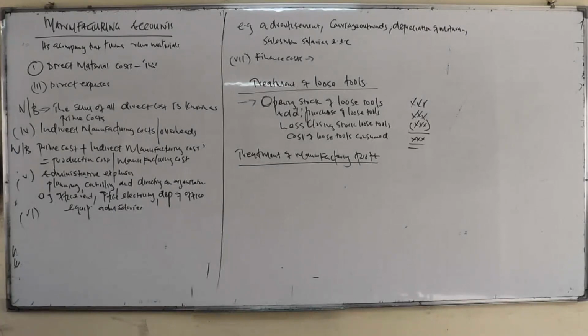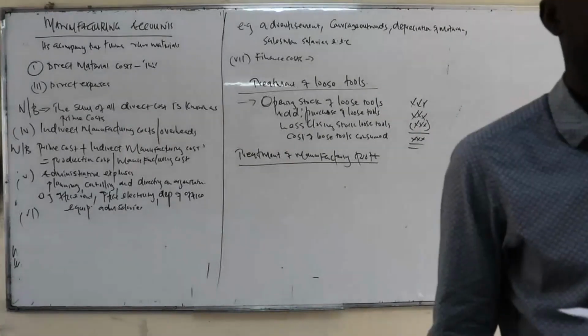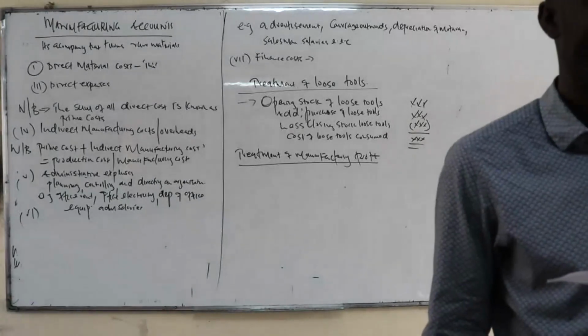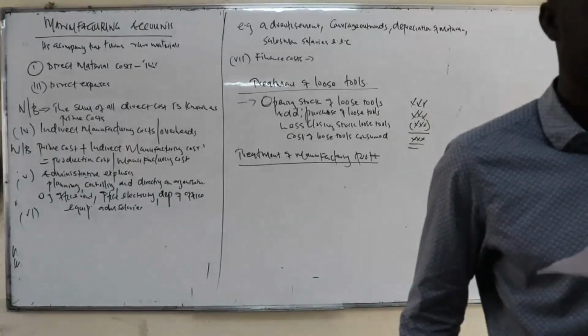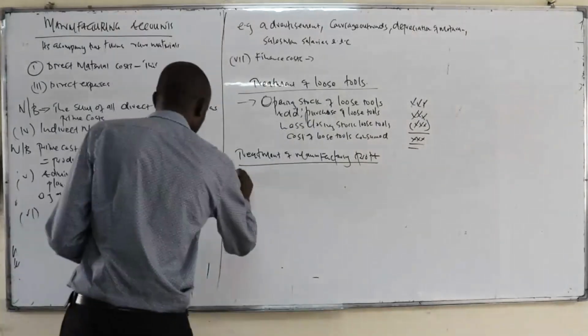So manufacturing profit should be added to the cost of production in the manufacturing account, so as to arrive at the market value of goods manufactured.